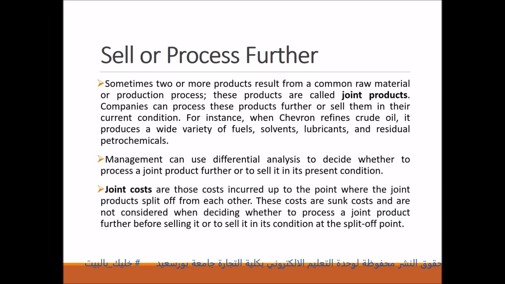Joint costs are those costs incurred up to the point where the joint products split off from each other. These costs are sunk costs and are not considered when deciding whether to process a joint product further before selling it or to sell it in its condition at the split-off point.